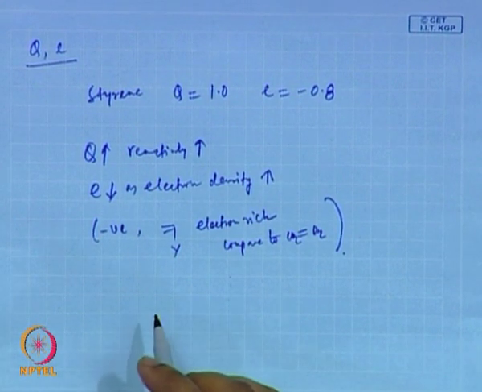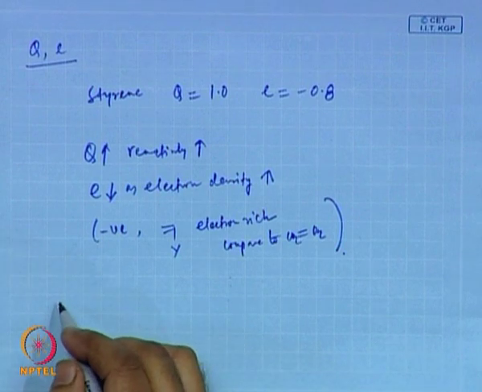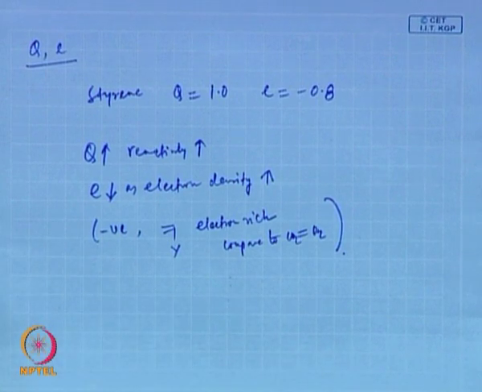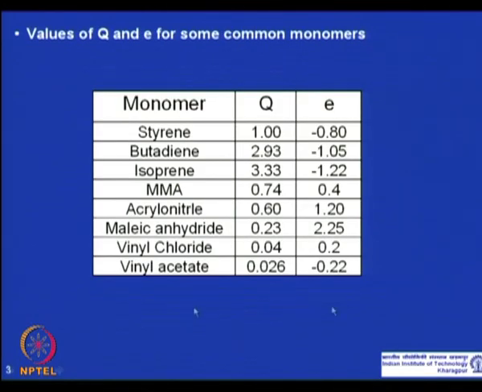So, if you look at a few data for the numbers of Q and E, styrene is arbitrarily taken as 1 and minus 0.8. If you compare with other monomers, like other conjugated dienes such as isoprene and butadiene, because they can easily stabilize the radical by resonance, their reactivity is high.